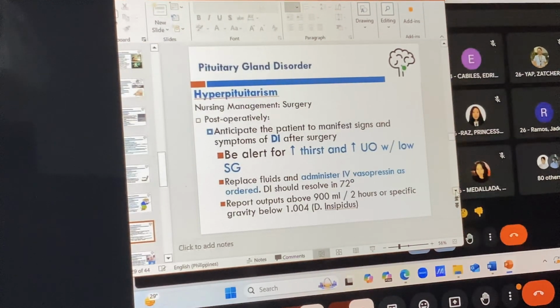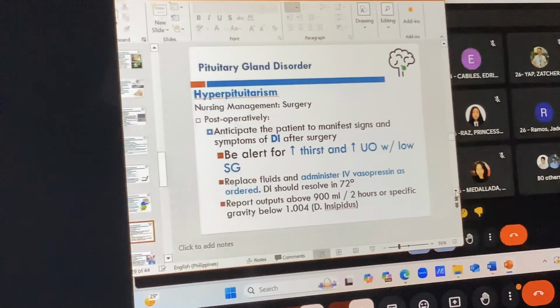So alam natin yan, pagka may diabetes insipidus yung patient, urine output will be too much. So pagka too much ang urine output, that can lead to a stimulation of the thirst center, then causing the patient to have an excessive thirst. Okay? And eventually, ang patient ninyo will also have a very low specific gravity.